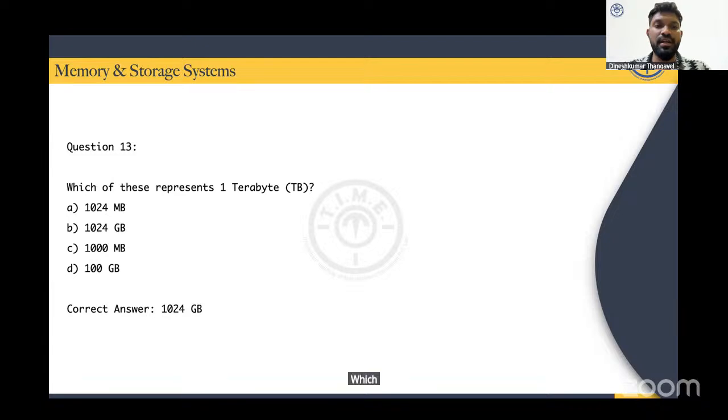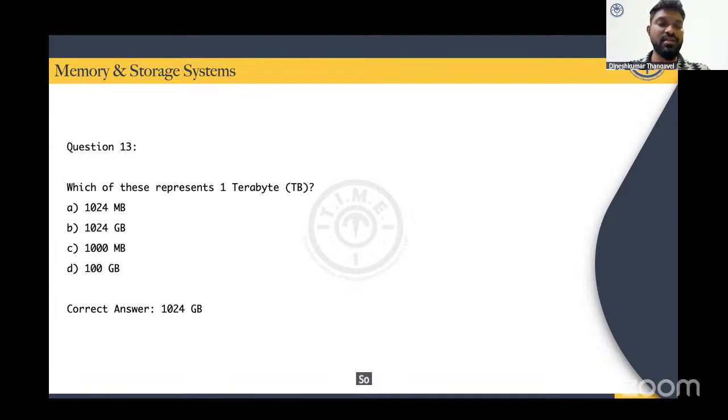Which of these represents 1 terabyte? Again, it is a very direct question, right? So we have to learn what is 1 terabyte, what is 1 kilobyte, what is 1 megabyte, and so on.